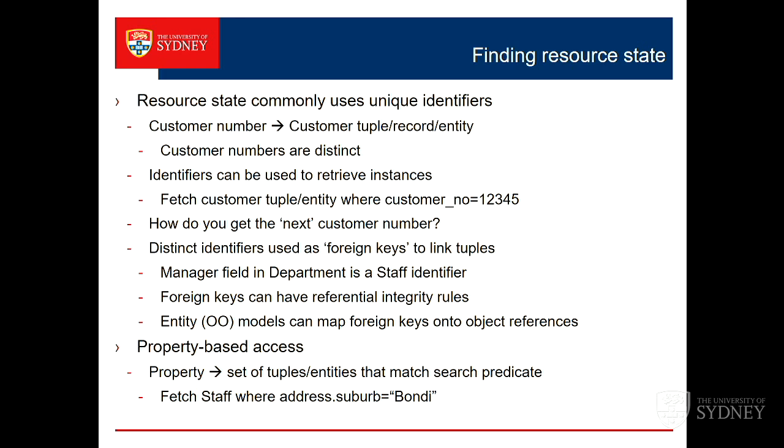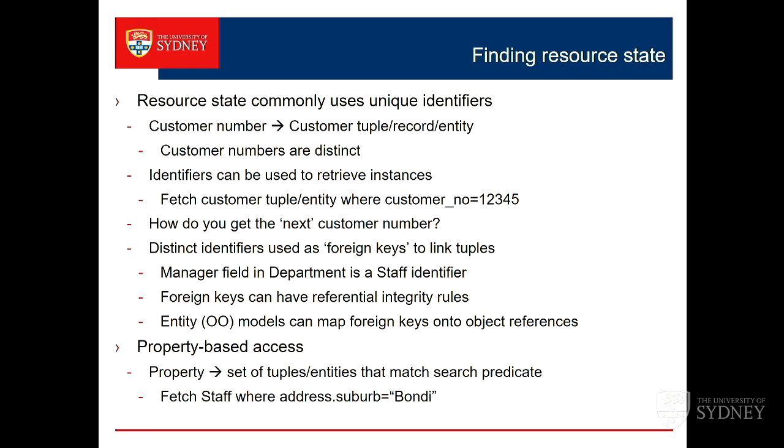Those distinct identifiers are then commonly used as the foreign keys, the references between pieces of data. The things that might be subsumed to look like an object reference pointer in an OO model at the data layer might be, oh, you want to get from the accounts department record to the manager of that staff record.